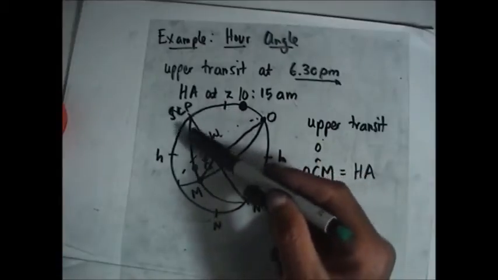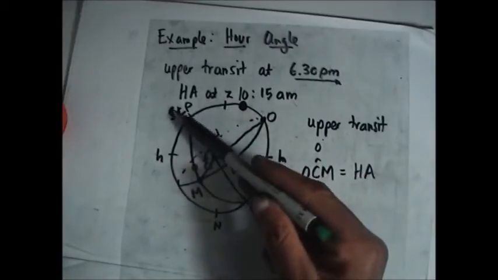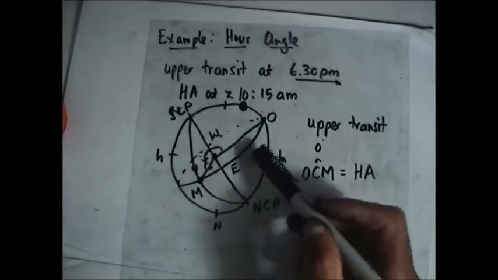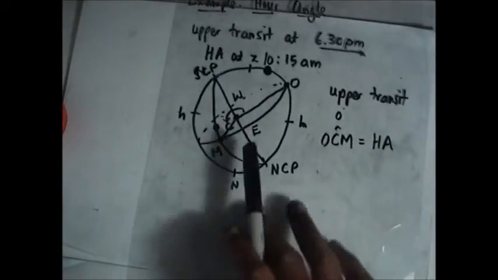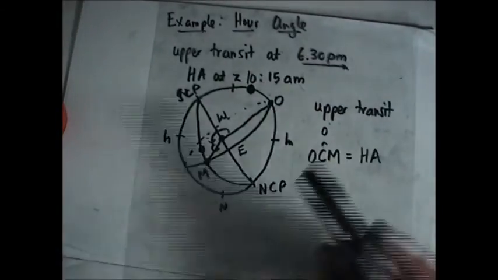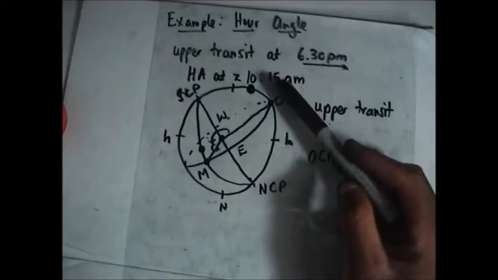It's going right at the back and then coming in front here, and then we draw our hour circle like this, linking it to M, and then doing our OCM. Here we are going to use time, because you know there's a relationship between degrees and time. So we are going to use that relationship.